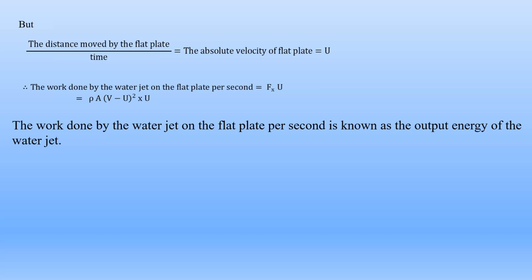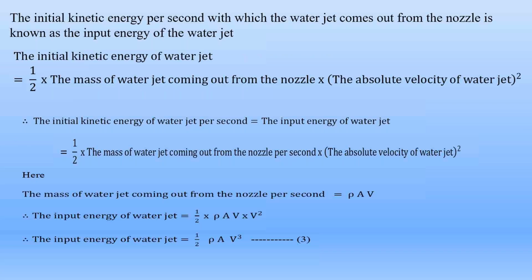So we are going to discuss that input energy of the water jet. What is that input energy? The initial kinetic energy with which the water jet comes out from the end of the nozzle is called the input energy of the water jet.